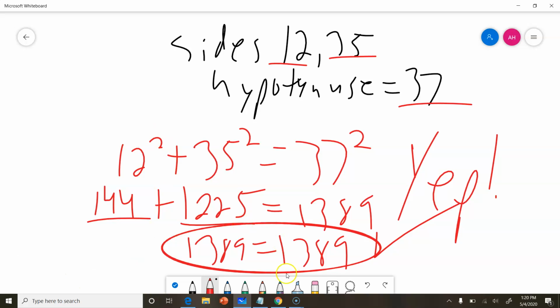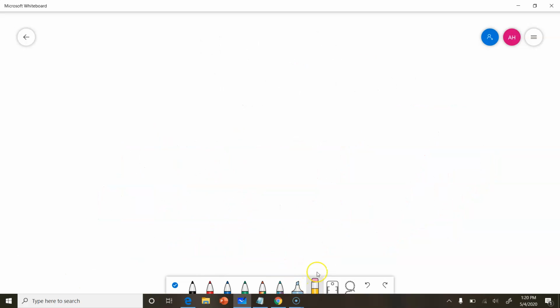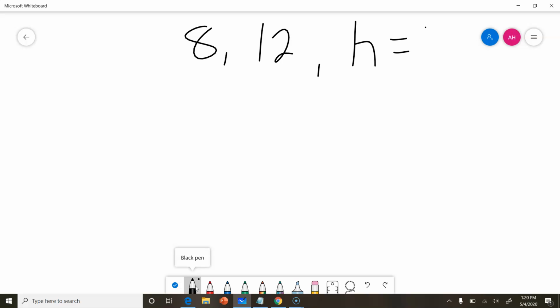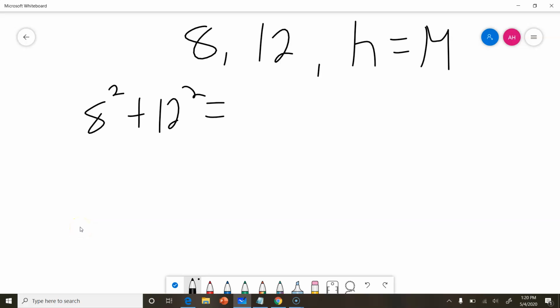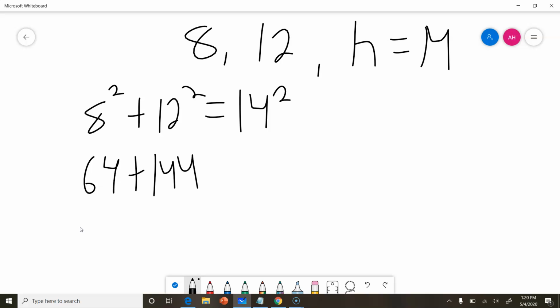Yay. Now, let's do it again and see if we can still find our right triangles now. Let's see if it's 8, 12, and then the hypotenuse is 14. Okay, so I have 8 squared plus 12 squared equals 14 squared. So 8 squared is 64, 12 squared is 144, and I add those guys together.